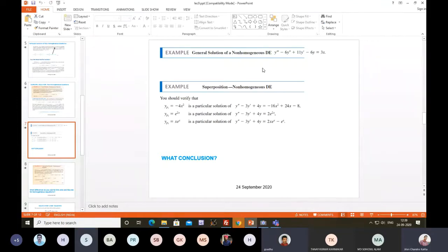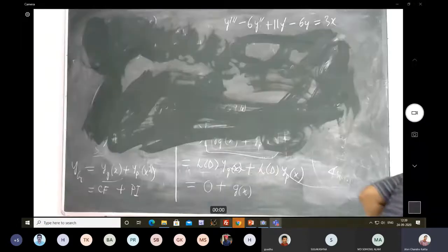Can you see the slide? The equation is y''' minus 6y'' plus 11y' minus 6y equal to 3x. So can you give me a general solution of that?